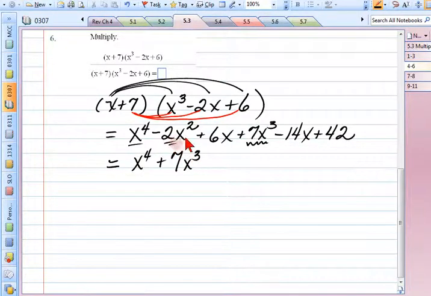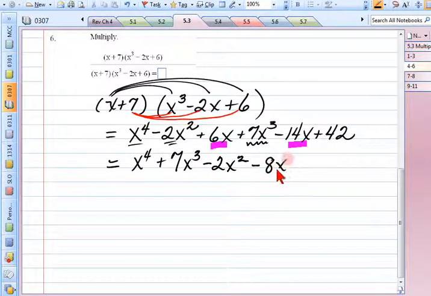Then I have a minus 2x squared, and it doesn't have any like terms. But what about the x's? There are two terms which are both x's. Combine those for how much? Negative 8x. And then finally, I have a single constant of plus 42. So that was a long process.